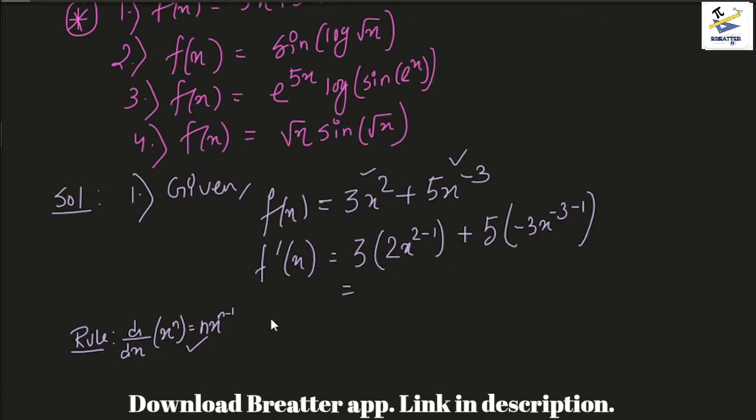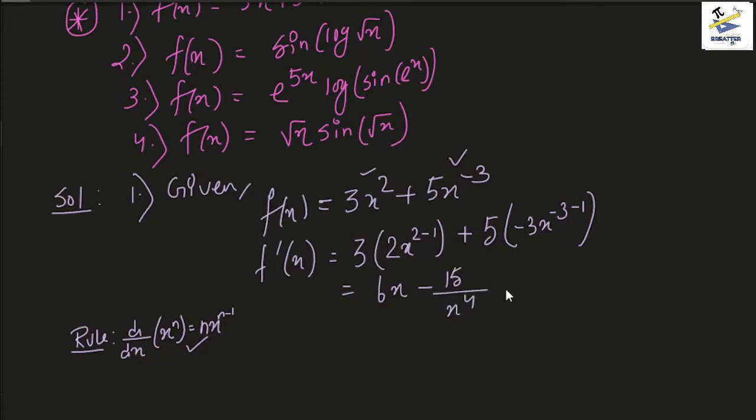We are following this rule. So this would give you 6x minus 15 by x to the power 4. This is our required answer for number 1.